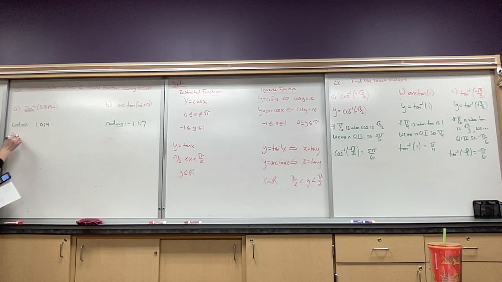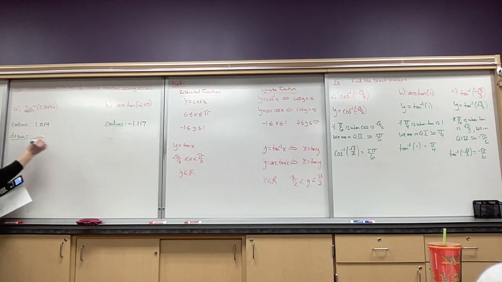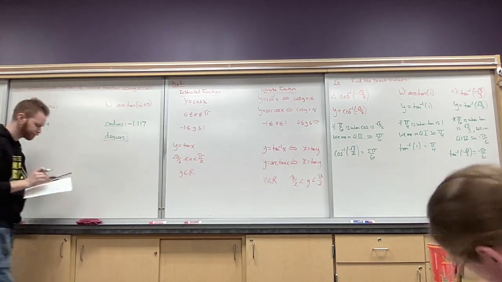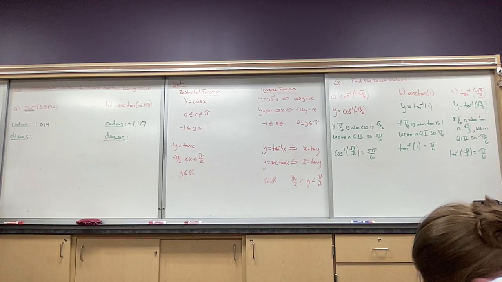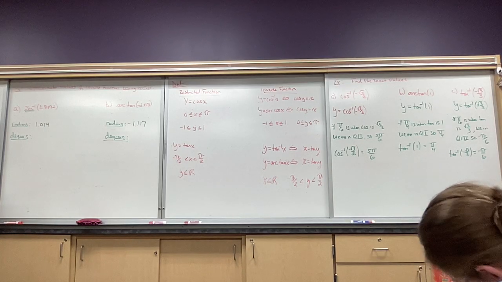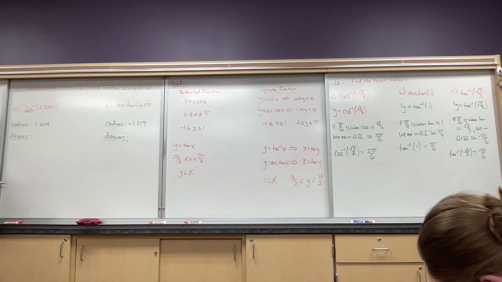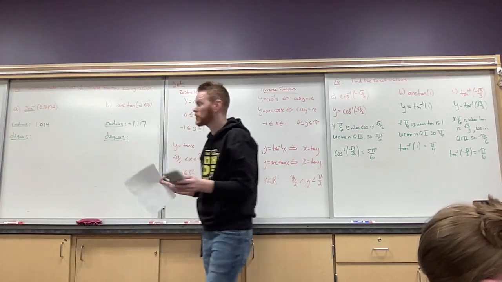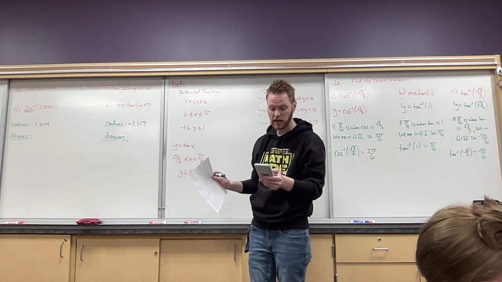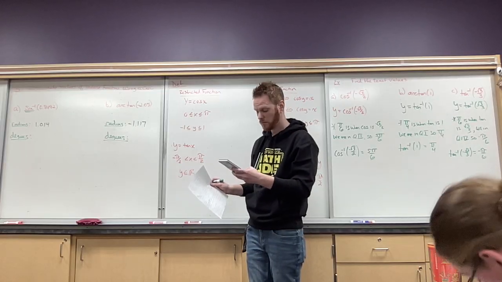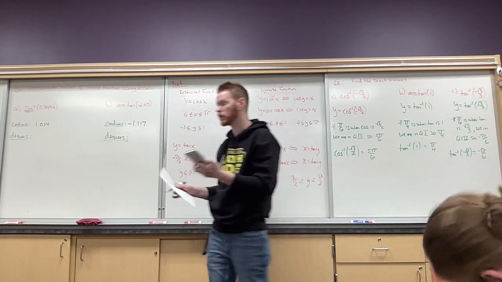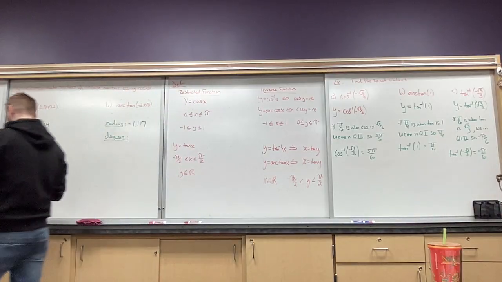Okay, underneath, let's do degrees. So go back to mode, go down and highlight degrees, okay? And the process doesn't change. You're still going to hit second sine, 0.8492, and your calculator knows that you want degrees, okay?